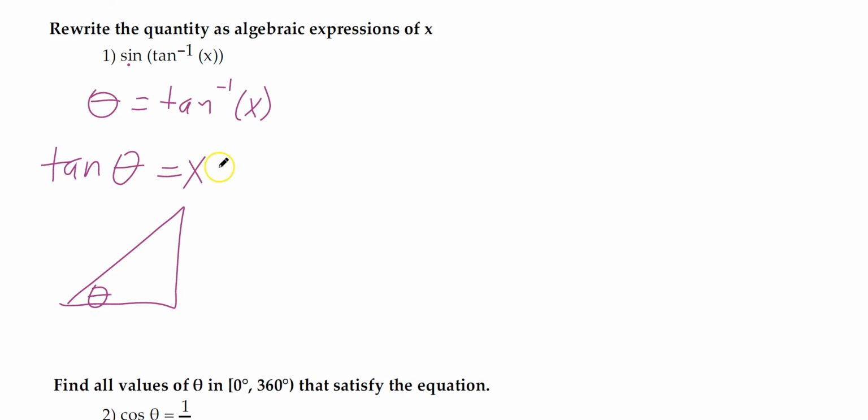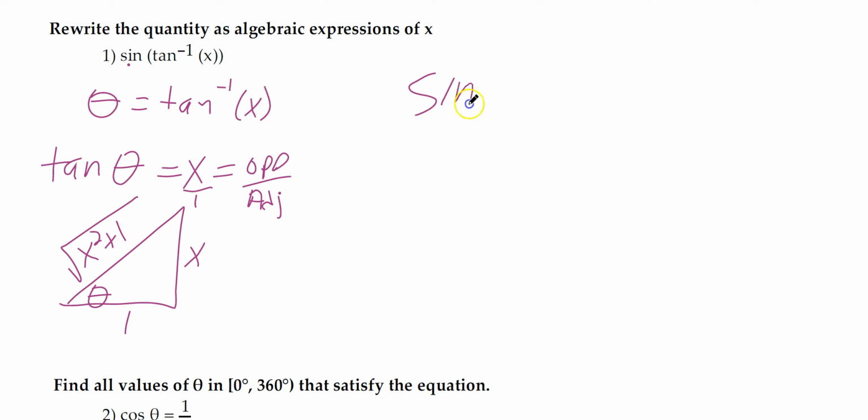Now tangent is opposite over adjacent, and I can write it x over 1. So this is x and 1. Pythagorean Theorem says the hypotenuse is the square root of the sum of the squares of the other two sides, x squared plus 1. Okay, so that's our setup for the angle theta.